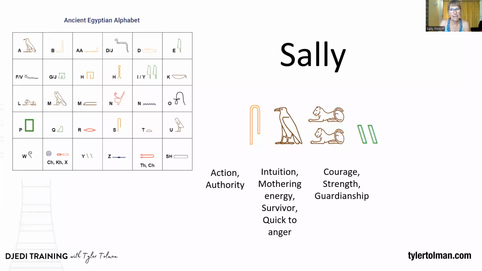It would still read as Sally, but I choose to use two because I am the most courageous person that I know on this planet. I have incredible strength to have survived what I have survived and to face what I have survived, and I have an incredibly strong sense of guardianship for those around me that I love, my friends and my family.